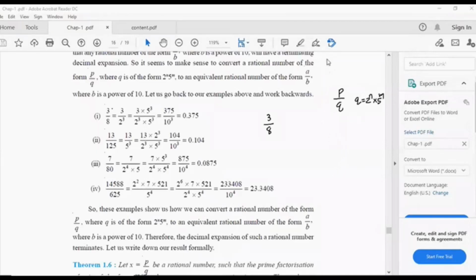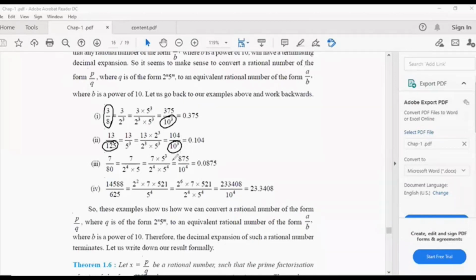In other words, if the denominator of a rational number is of the form 2 raised to n into 5 raised to m, then the denominator can be converted to a power of 10.